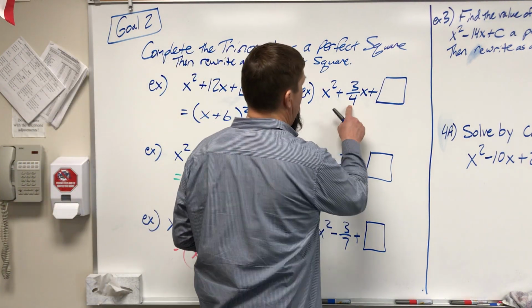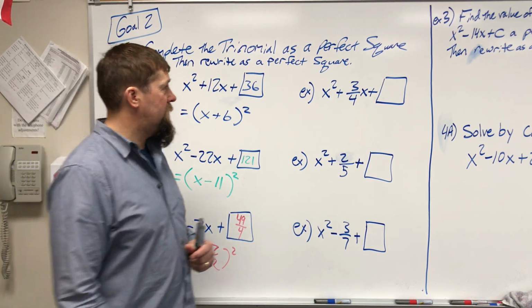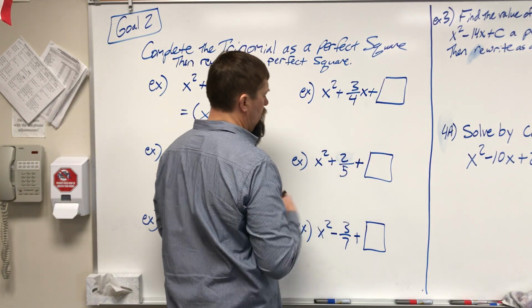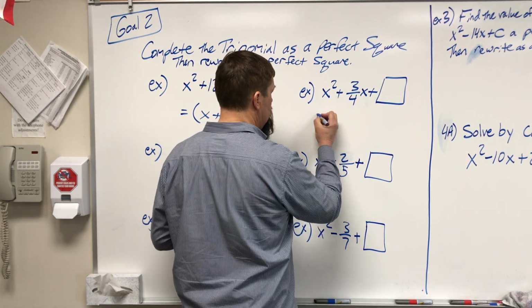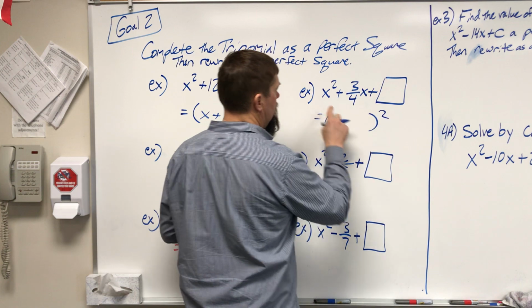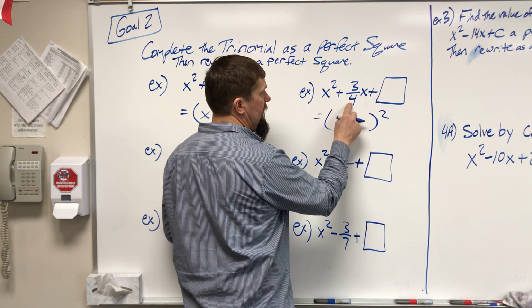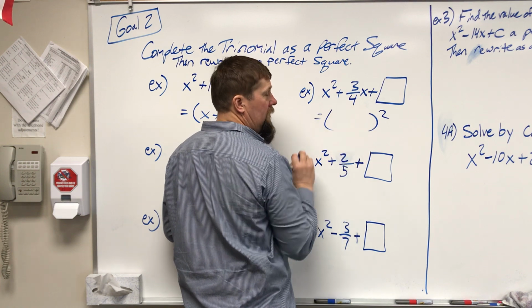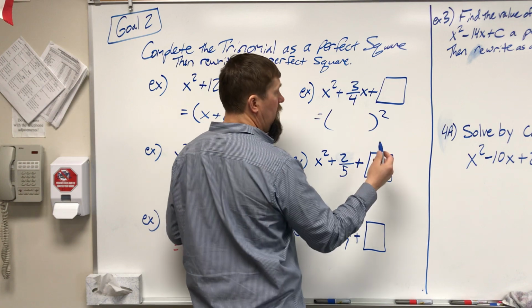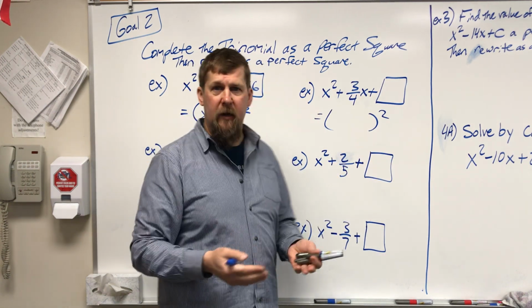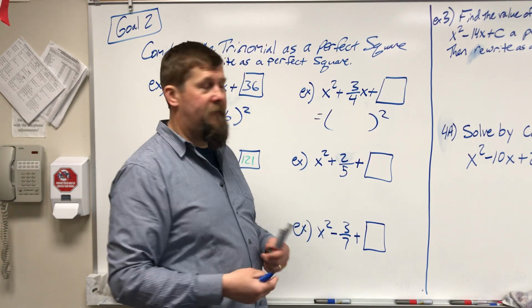Okay, here we actually have a fraction in the center, or the B number. And so what we're going to do here is we're going to do exactly the same thing. Do not change your method. Okay, so we've got x squared plus 3/4 x, so we're going to take half of 3/4. Well, when we take half of 3/4, you either double the denominator, which makes it half, or you take half of the numerator.